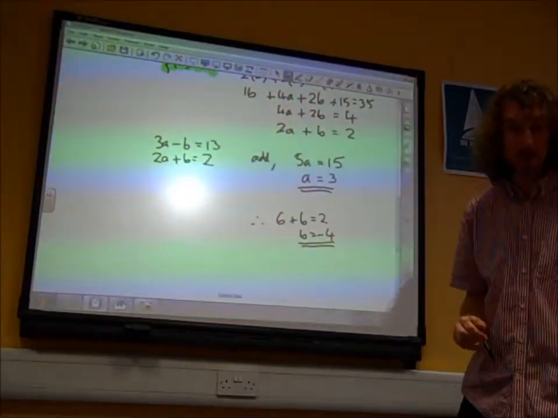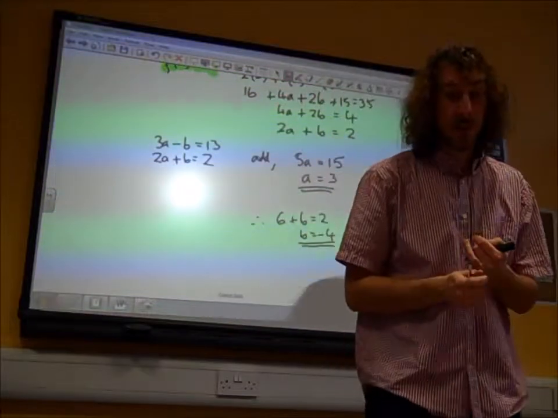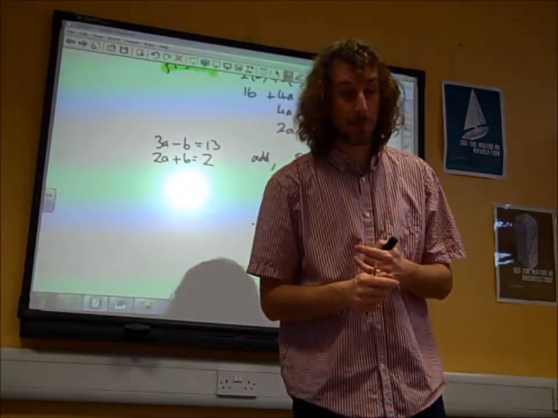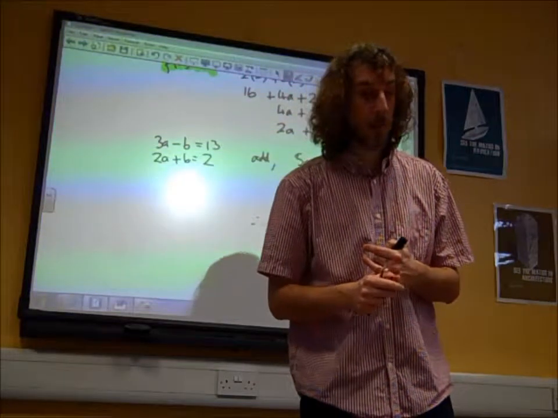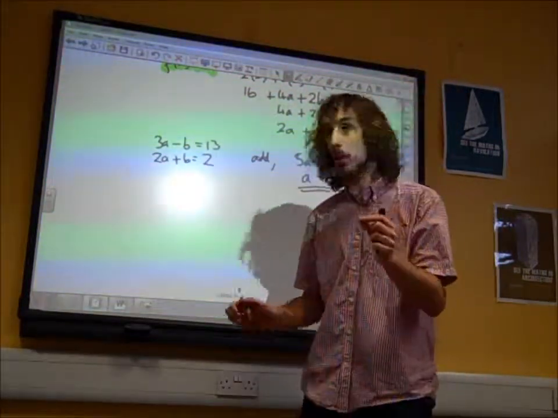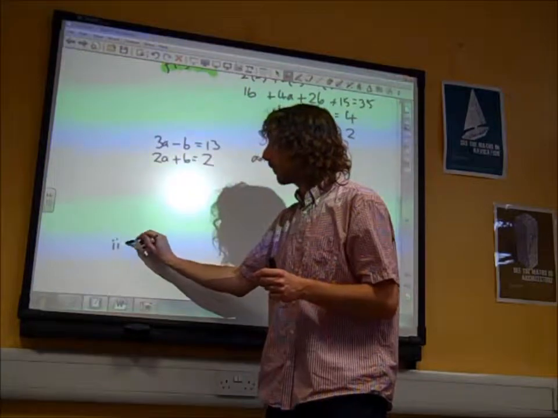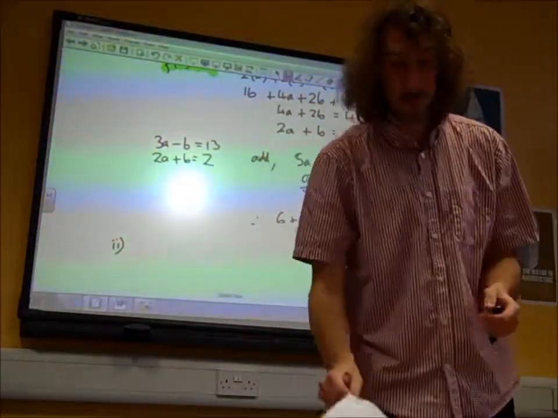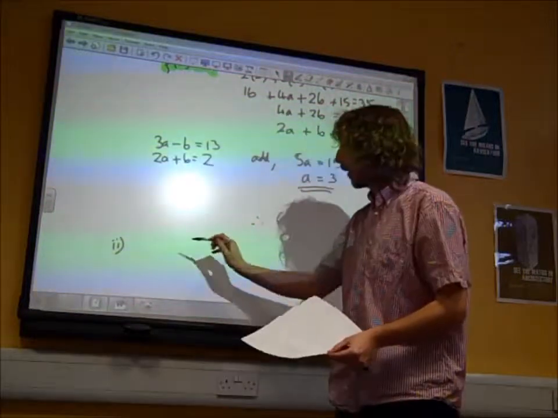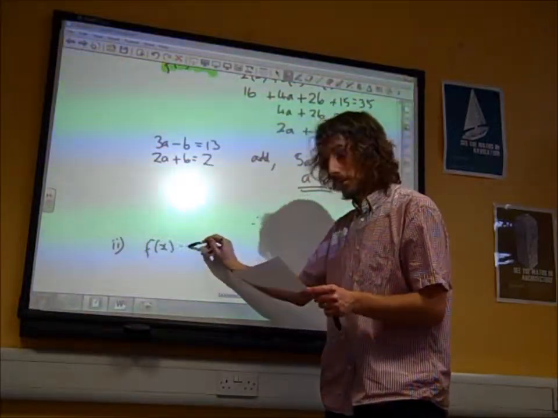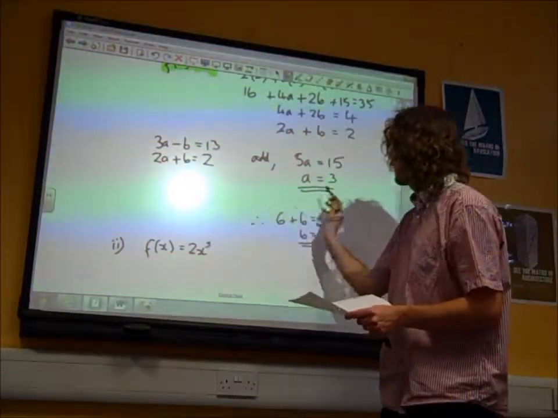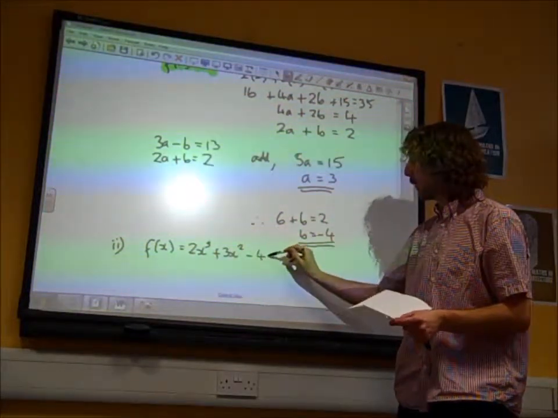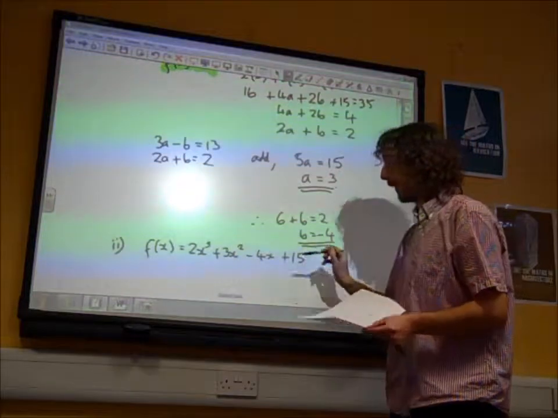And then part 2 said, using these values of a and b, divide f of x by x plus 3. Now we already know that x plus 3 is a factor, because the question told us that right at the start. f of x is now 2x cubed plus 3x squared, because a is 3, minus 4x plus 15.